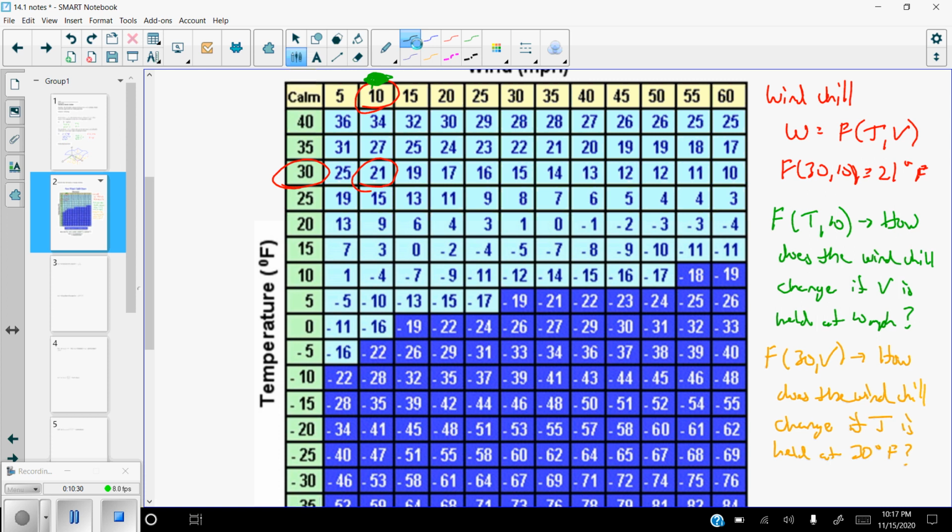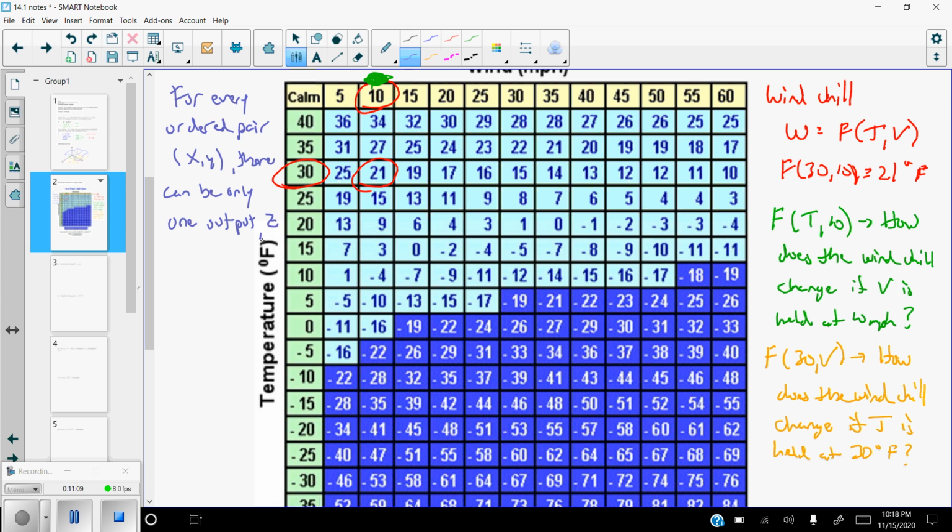So for every ordered pair, let's do this in purple, for every ordered pair XY, there can be only one output, Z. So that makes it a function.